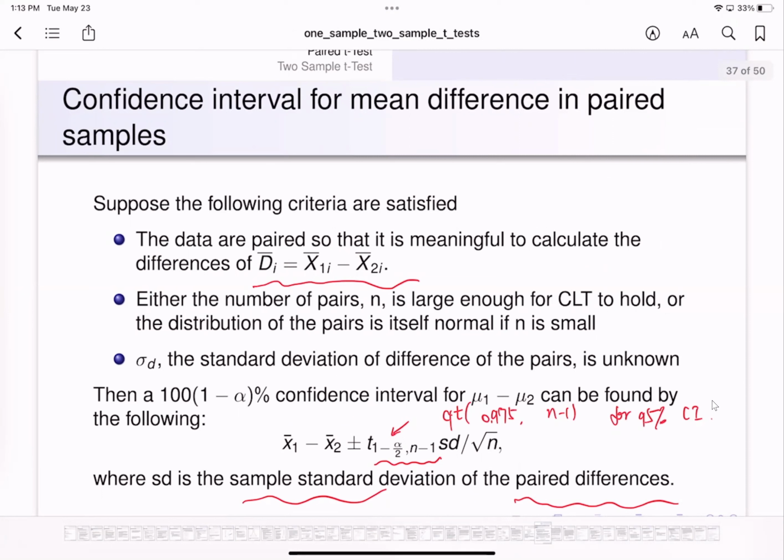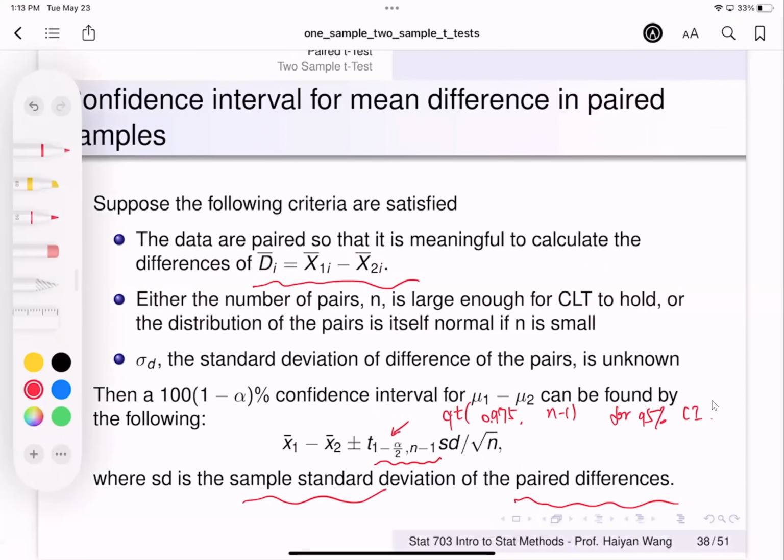That's because when we derive the statistic, we do it like this: d bar minus mu of the difference, I'm just going to use mu to represent that, over SD over square root of n. This is between two numbers. One is the t critical value, using 1 minus alpha over 2 and n minus 1 degrees of freedom.